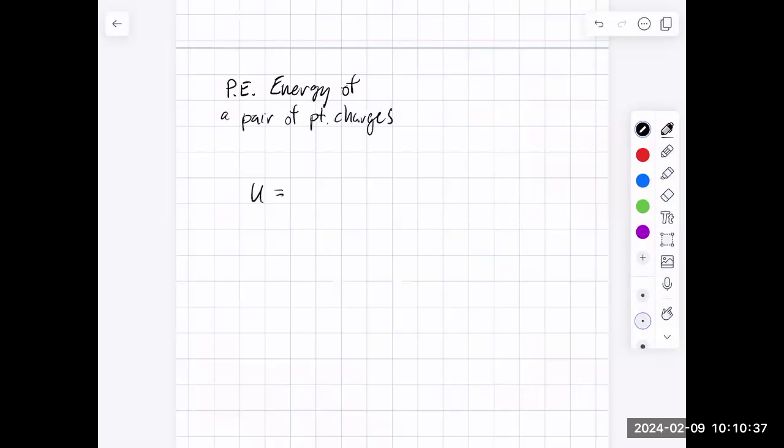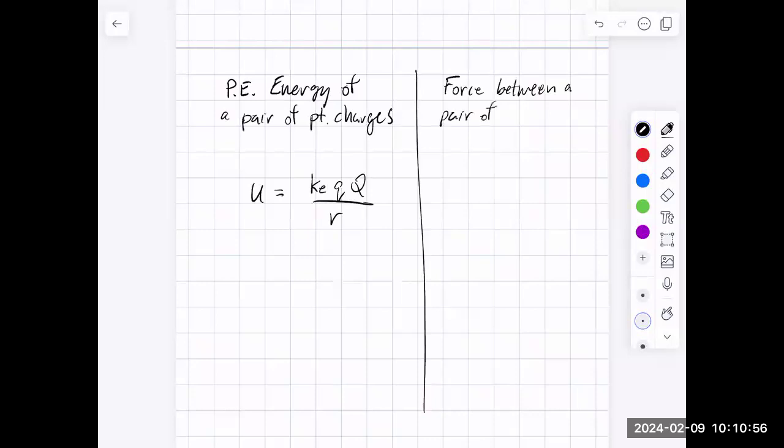And what it was, U was k_e q Q divided by R. On the other side of my table, I'm going to put the force between a pair of point charges. Okay, so F was Coulomb's law, it was k_e q Q divided by R squared. Force is a vector, so it has a direction, and so we'll specify the direction with that unit vector R hat.